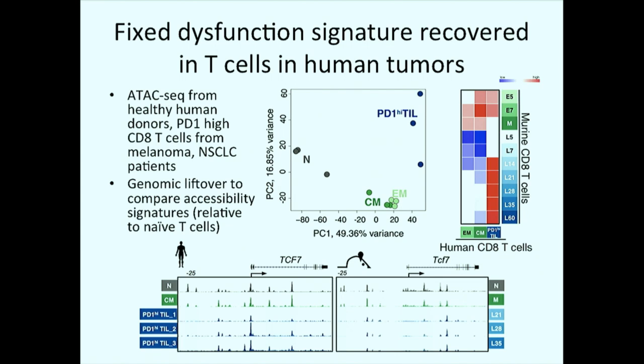So suggesting that they're in this fixed state, that in the mouse model, this means they're resistant, they cannot be rescued by immunotherapeutic programming. In cases where the sites actually are orthologous, you can see some similar changes, like in this TCF7 locus, loss of accessibility in the tumor, in the patients as well as the mouse. All right.